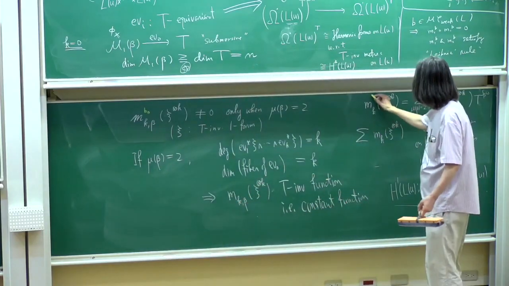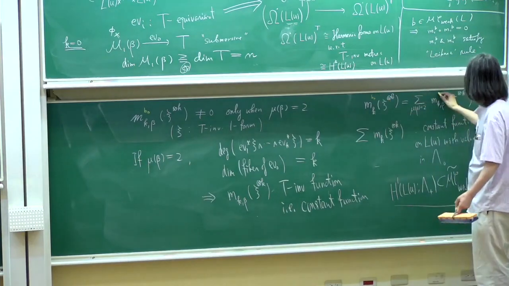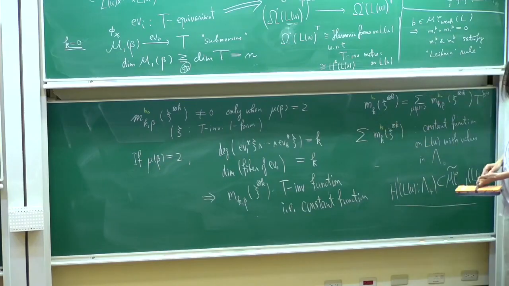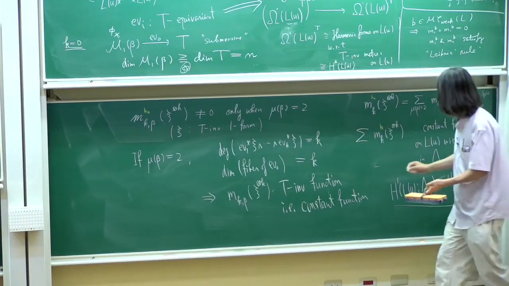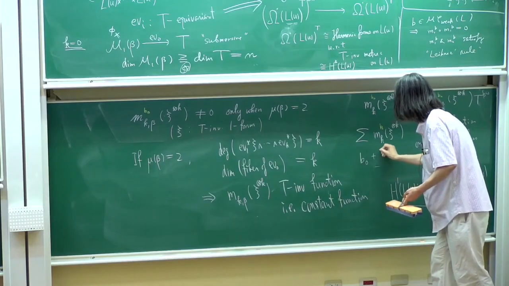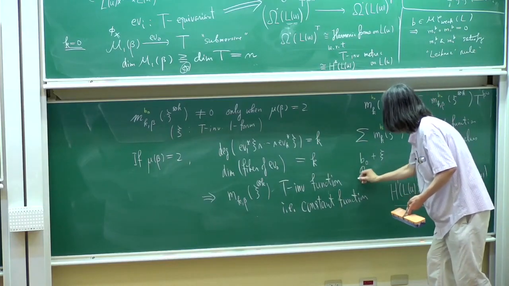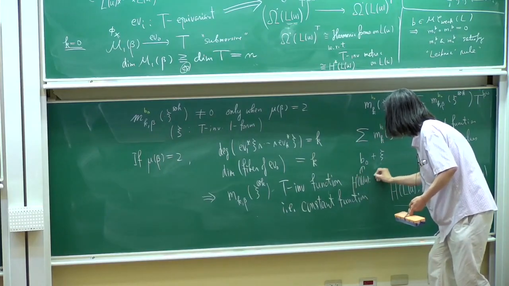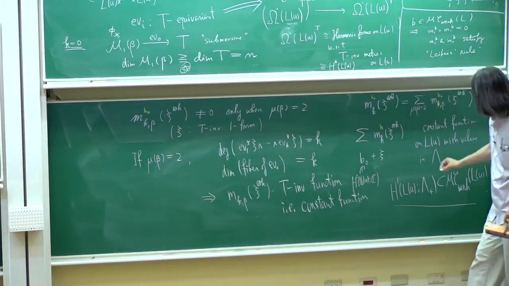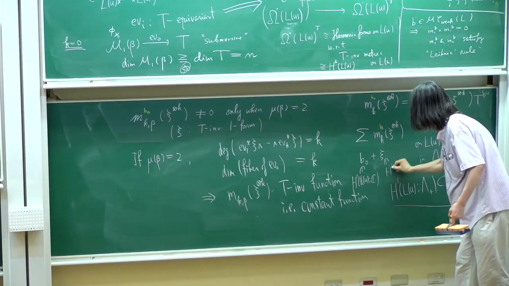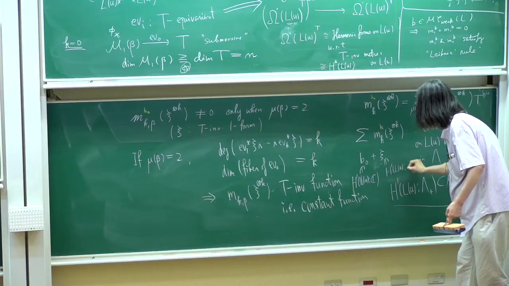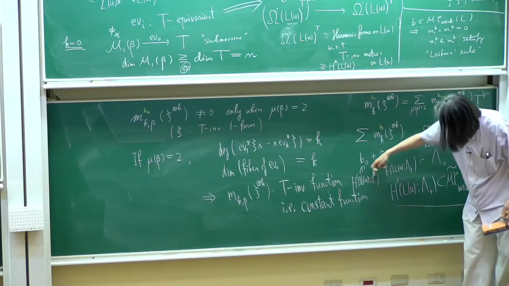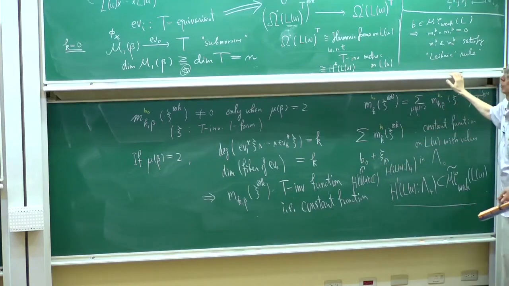So here I have B0, B0, and B0. So therefore, I have this B0 plus psi, and B0 is this classical part of the cohomology of degree 1, and psi is a cohomology with Lambda plus coefficient in degree 1. So if you add them up, actually you can get everything. So therefore you get this.